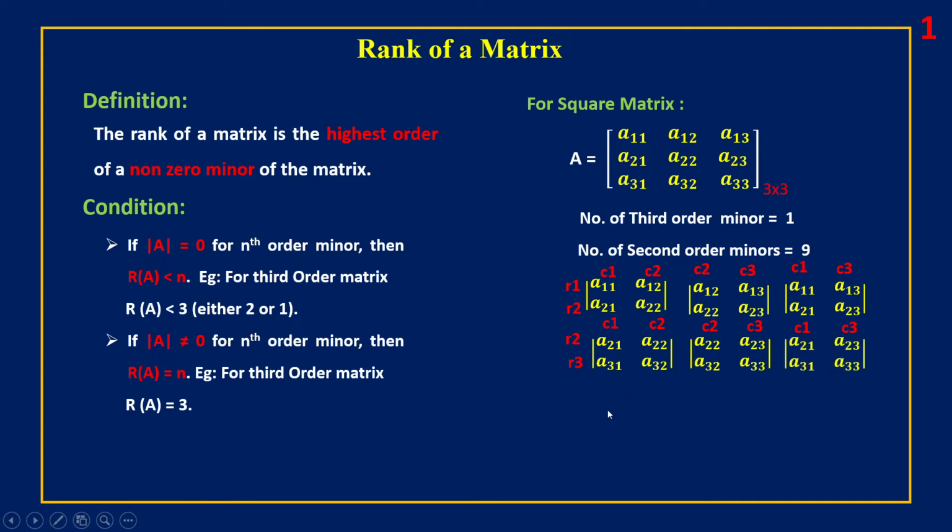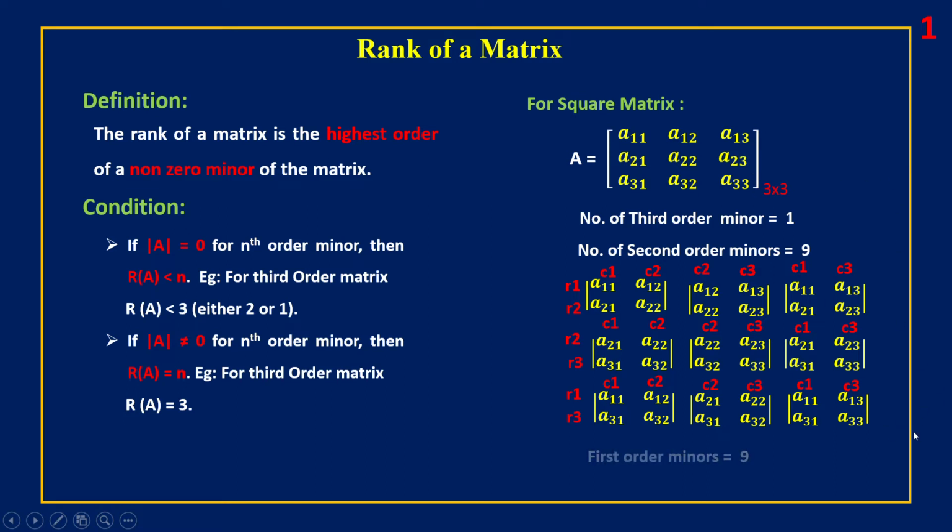And if we strike out row 2 and any of the columns, the minors are: if you strike out row 2, A11, A12, A31, A32, that is the first second order minor. And if we strike out column 1, the second order minor is this one. And if we strike out column 2, the second order minor is this one. So totally 3 plus 3 plus 3, 9 second order minors are there for the 3 cross 3 matrix.